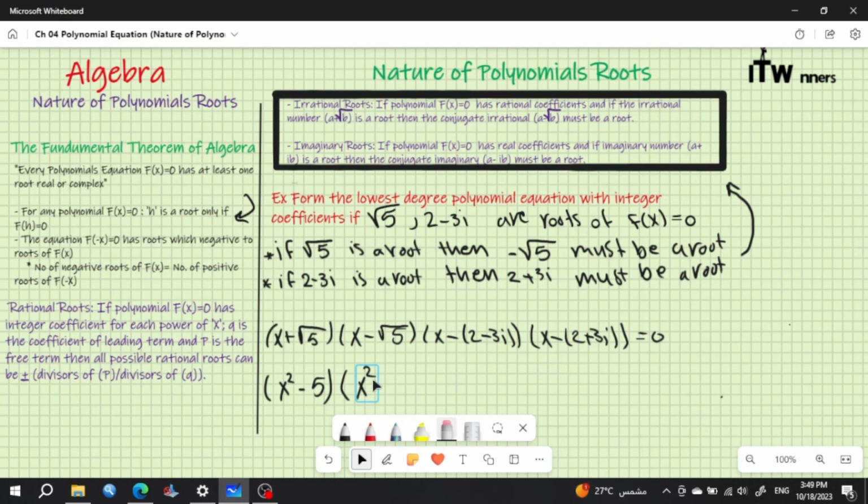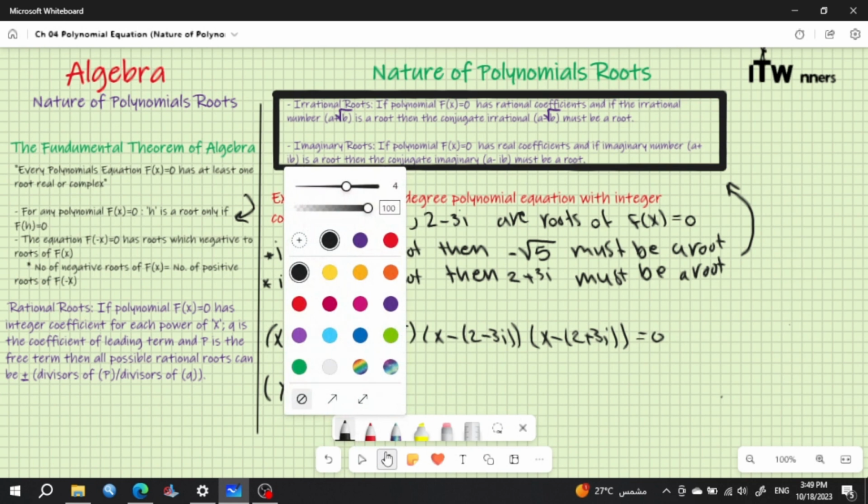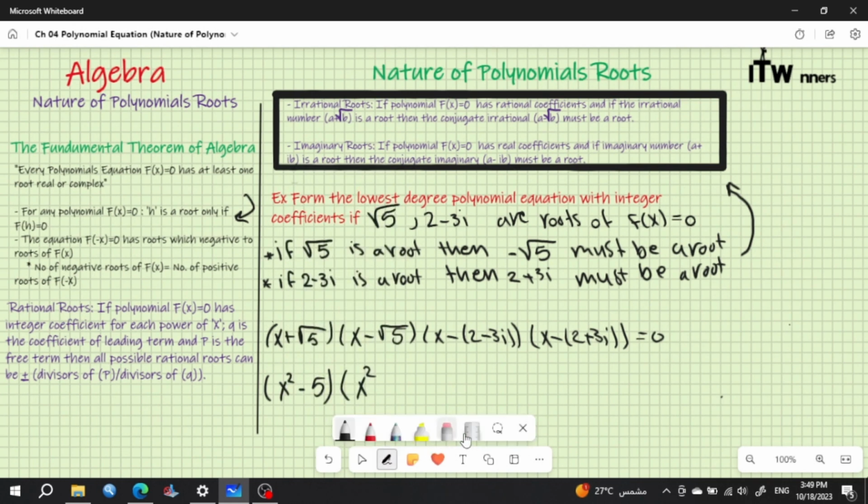Then we have these two brackets. Here we have x square minus 4x plus 2 minus 3i into 2 plus 3i.